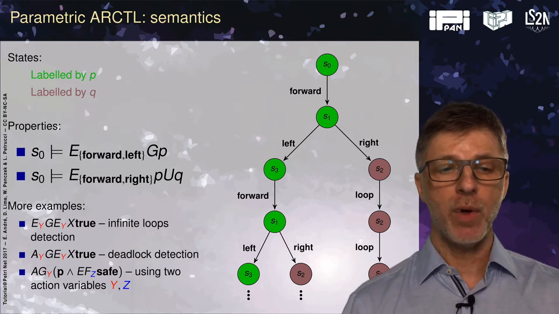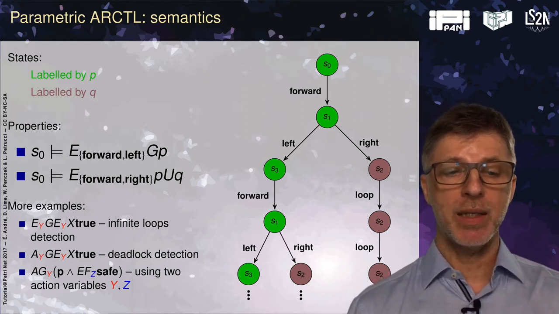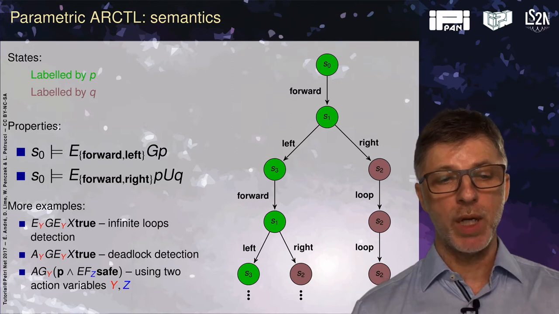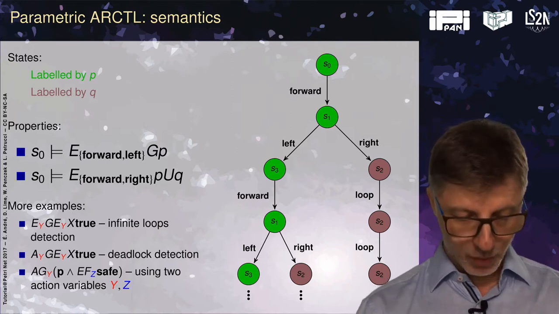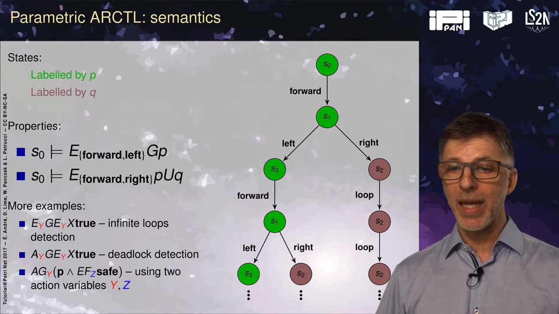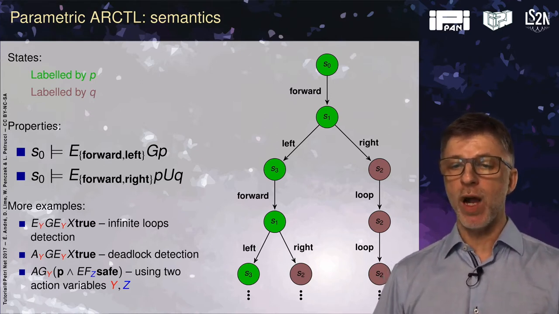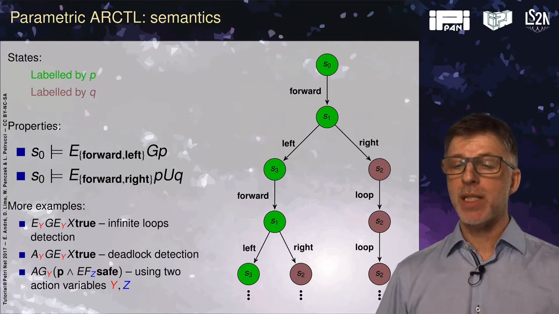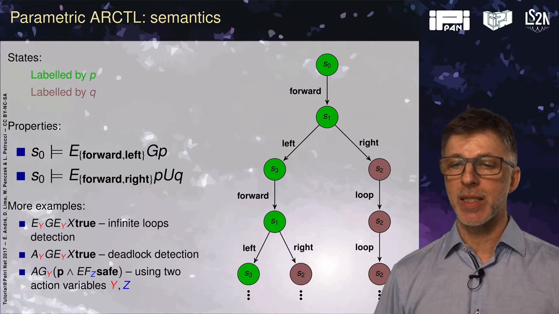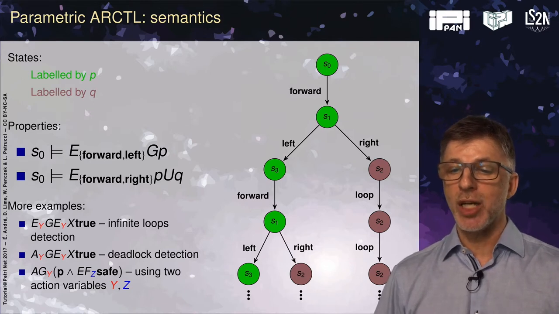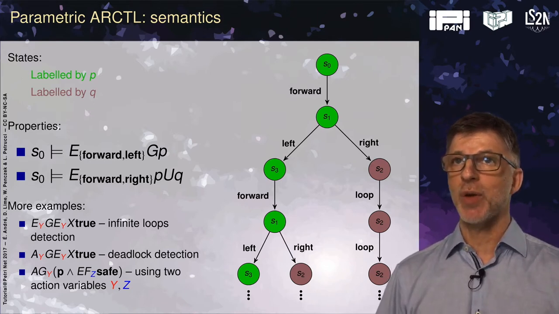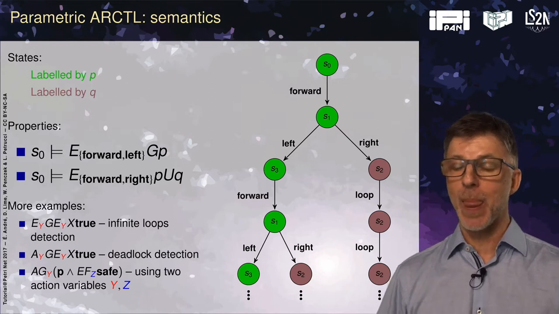In fact, that formula specifies that there is no deadlock. So if we use that formula together with the variable y, we can ask for which valuations of that variable there is no deadlock. Obviously, if we know for which action sets there is no deadlock, then we can also answer the question for which there is a deadlock.